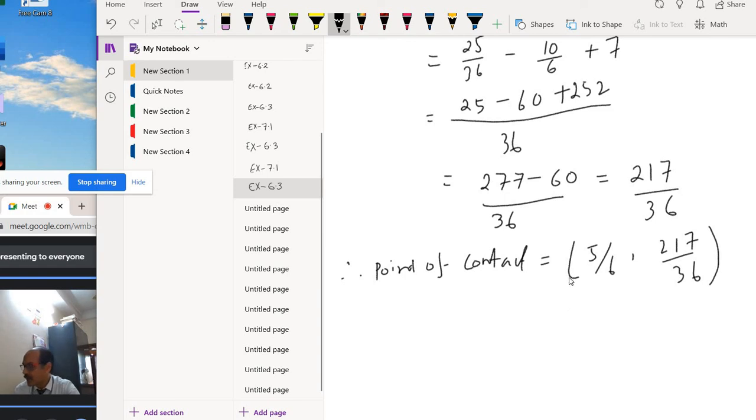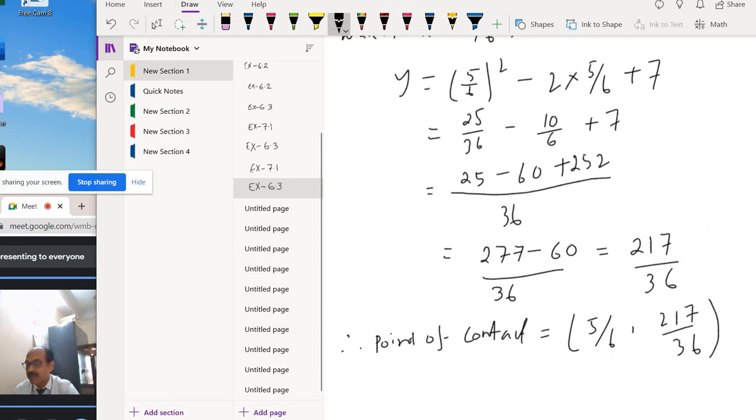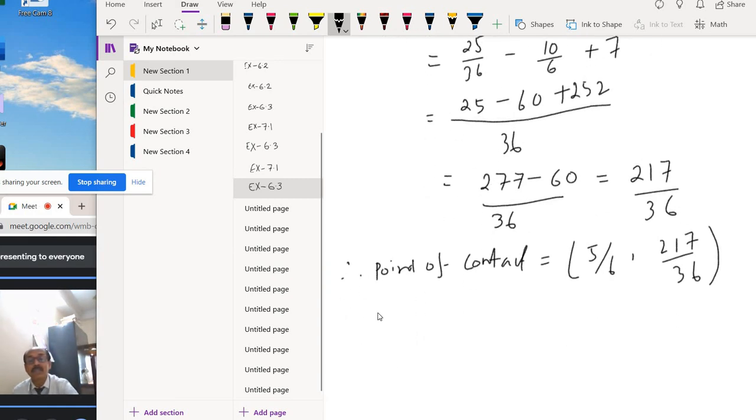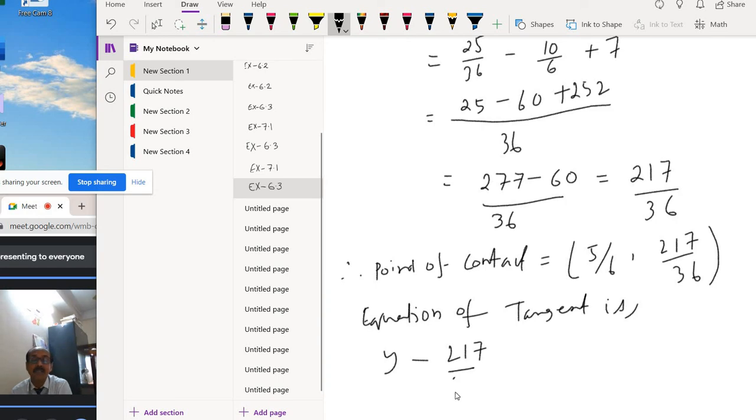Now the question is to find the equation of the tangent only, no? Therefore, the equation of the tangent is y minus 217 by 36 equal to the perpendicular slope.